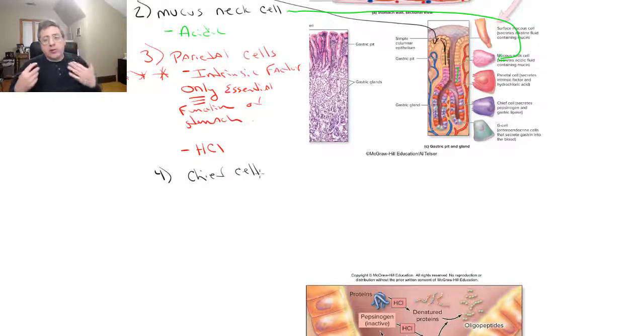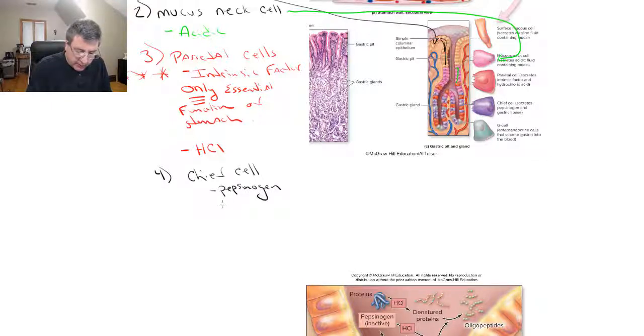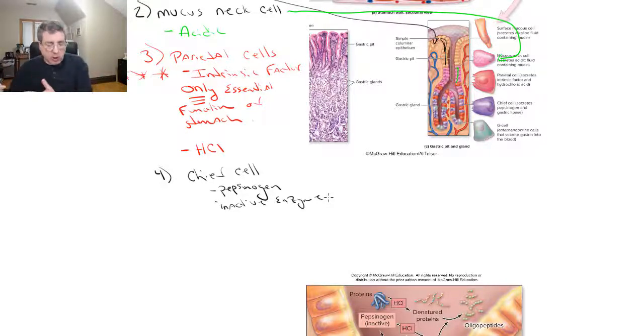And chief cells secrete what we just talked about, pepsinogen. This is an inactive enzyme that is going to be associated with the digestion of protein. But it's just a precursor. So the pepsinogen has to be activated.